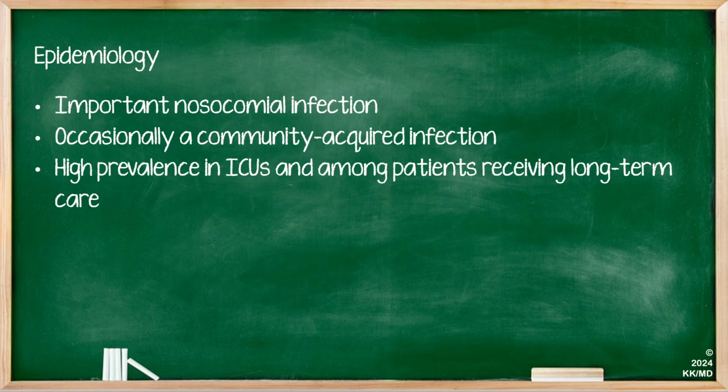So the epidemiology of Klebsiella is that it is one of the most important nosocomial infections. Occasionally, it is transmitted in the community, and it has a high prevalence in patients who are in intensive care units and among patients who receive long-term care.